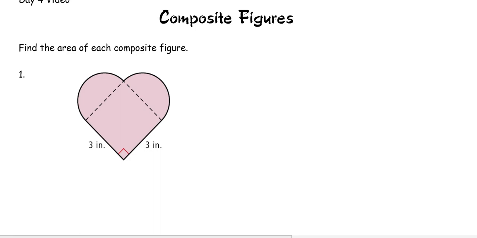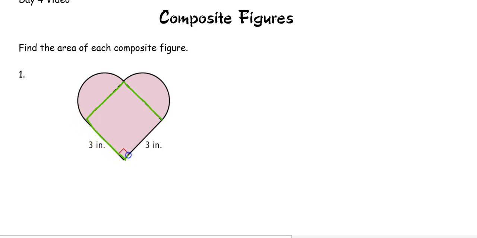So when I look at my first example, I have this heart shape and the whole thing is shaded. So as I approach this problem, I know that I'm going to be adding pieces together. I have a couple different shapes. The first shape that I see is this square.